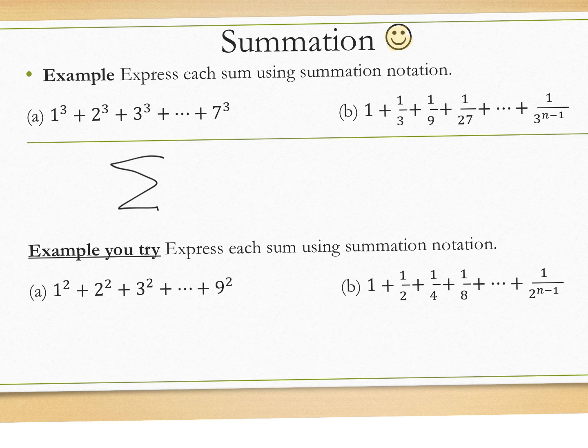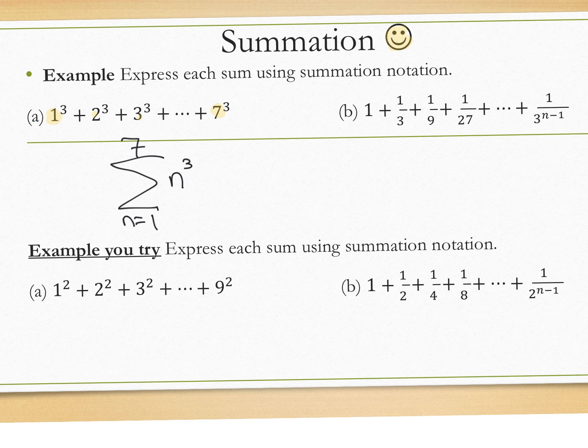Remember the bottom is where you're going to start. So if we look at our first term, it's a 1, and then it goes 2, then 3, dot, dot, dot, all the way to 7. So we know we're going to stop at 7, and we're going to start at 1. And what are we doing to each term? It looks like we are cubing it, so we'll put n to the 3rd, and that's it.